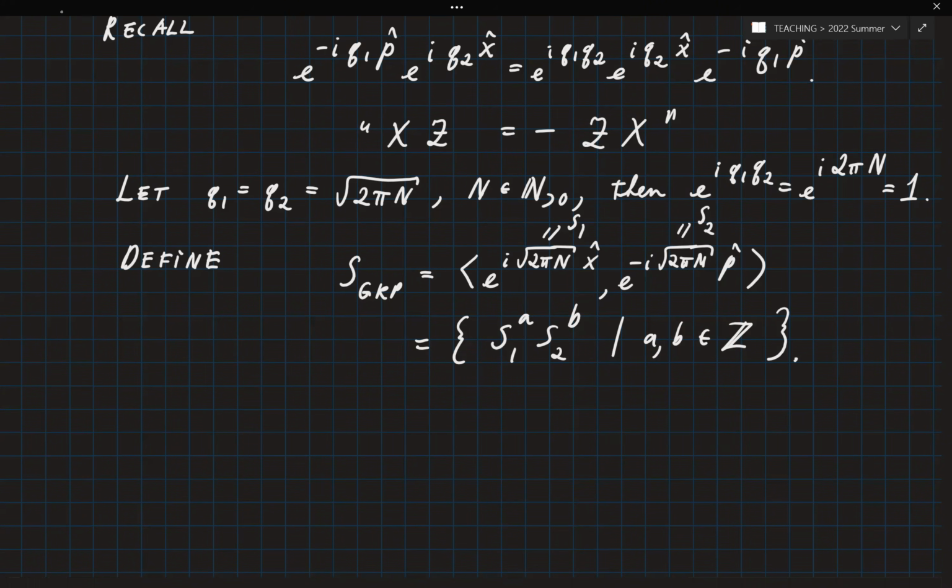And just as before, these stabilizer group elements admit a joint +1 eigenvalue eigenspace, whose states are the logical code words of a GKP code. What do these states look like? Well, let's think about it.